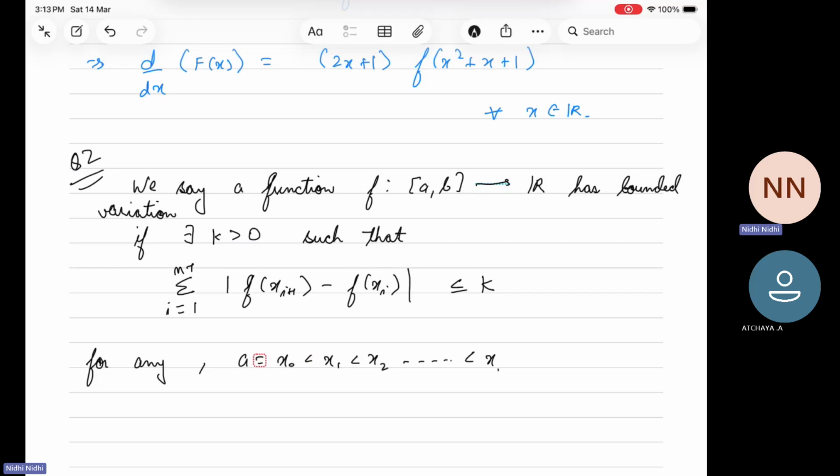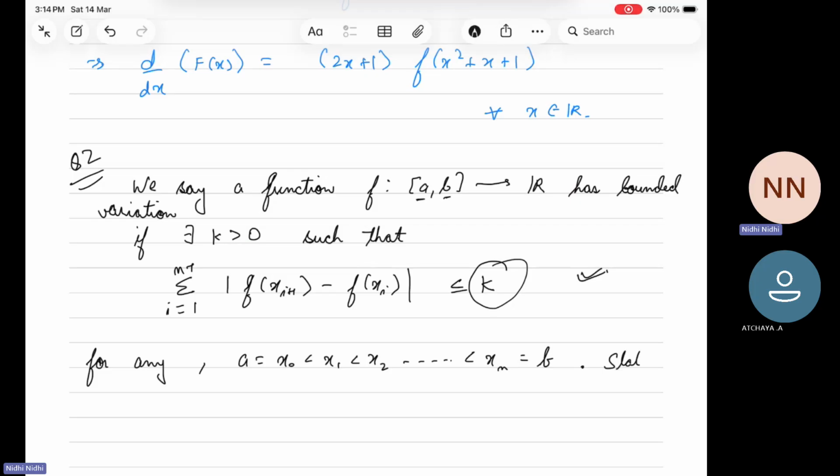So basically we have n plus 1 elements in this closed interval a to b, such that the smallest one is a and the largest one is b, and then we have some n minus 1 terms in between a and b. No matter what points we take in between a and b, this type of inequality should hold, and this k should be independent of the choice of these points. Then we say that the function has bounded variation.